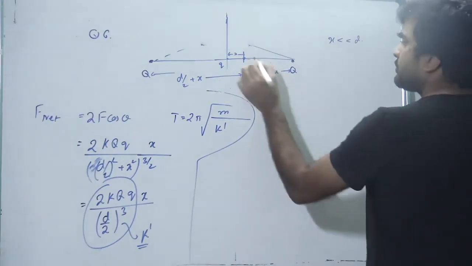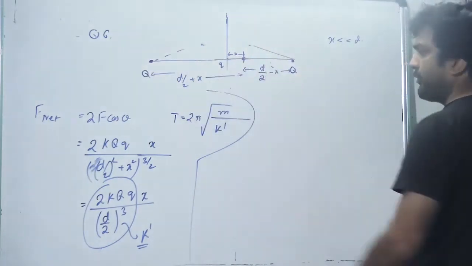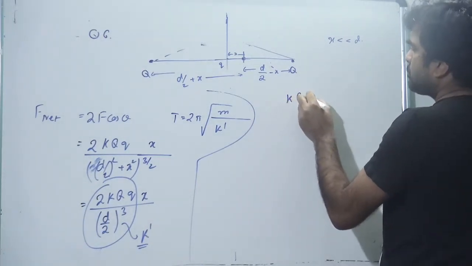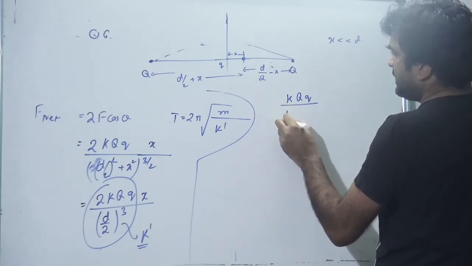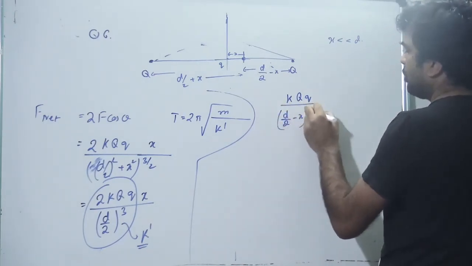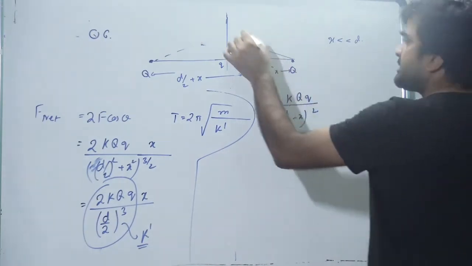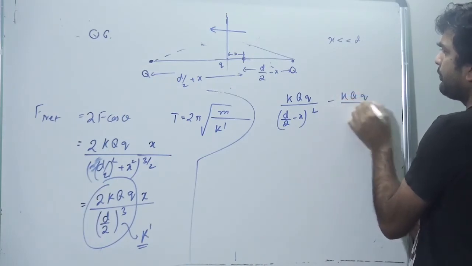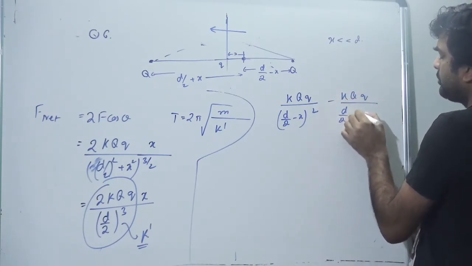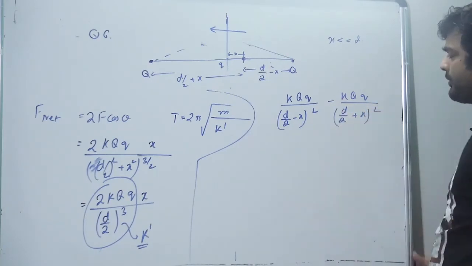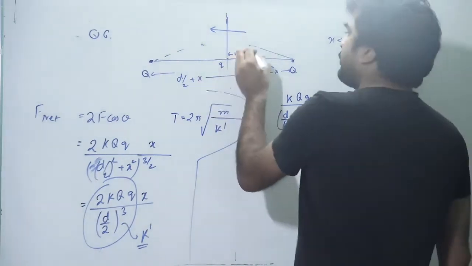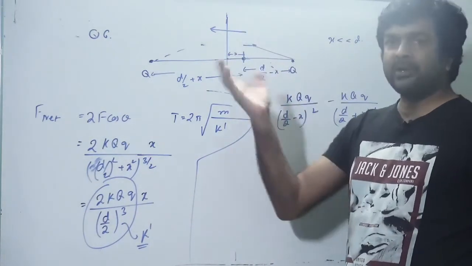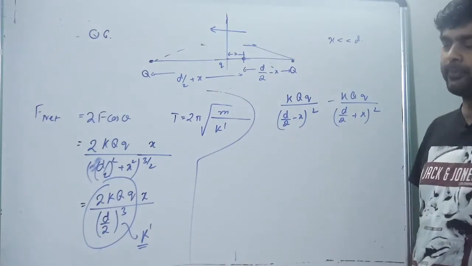So for small displacement from mean position, the net force will be kQq upon d by 2 minus x whole square. This is the repulsive force in this direction, minus kQq upon d by 2 plus x whole square. This will be the repulsive force in this direction. These two vectors are anti-parallel, so we simply have to subtract their magnitudes.